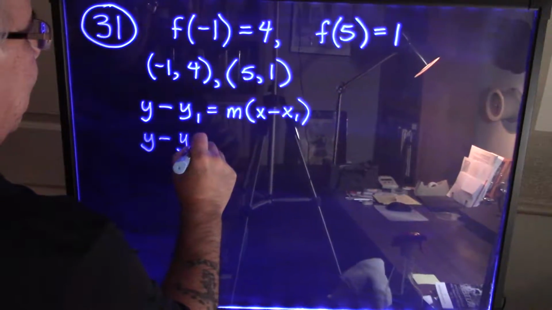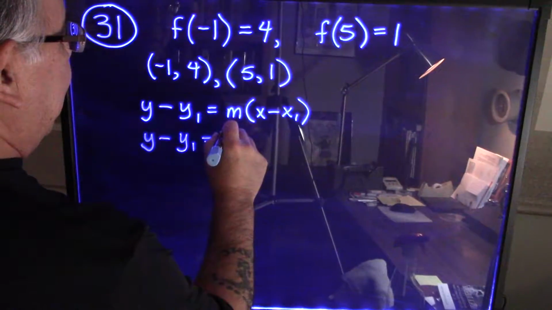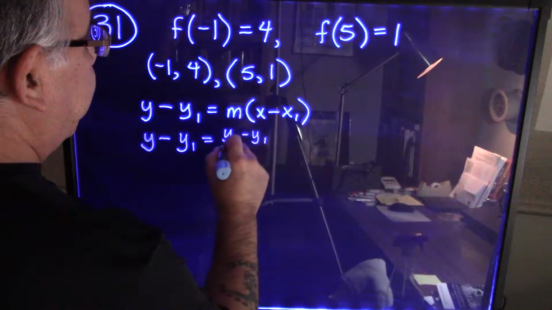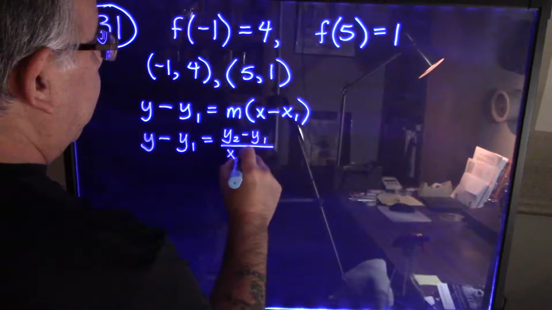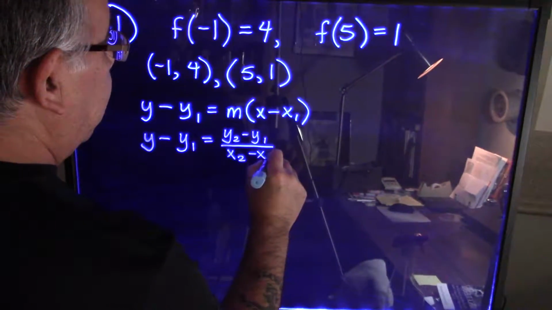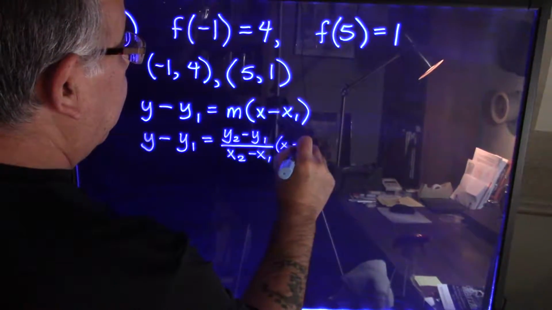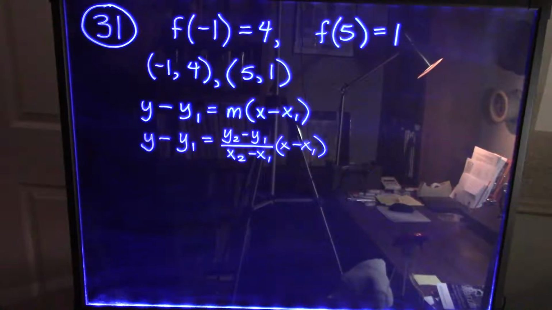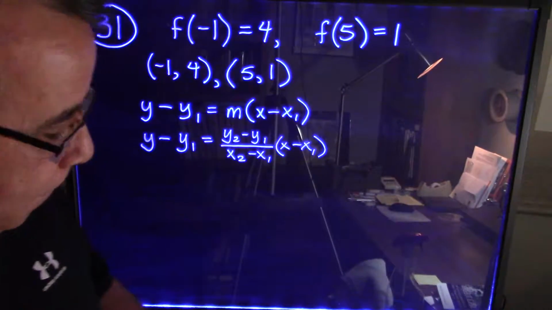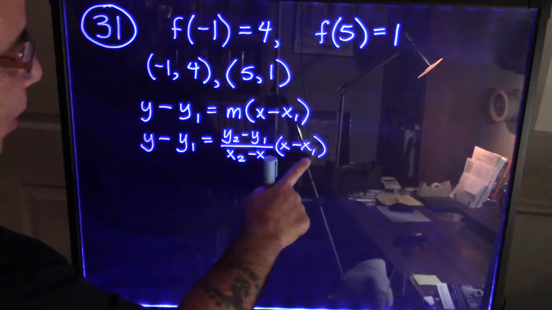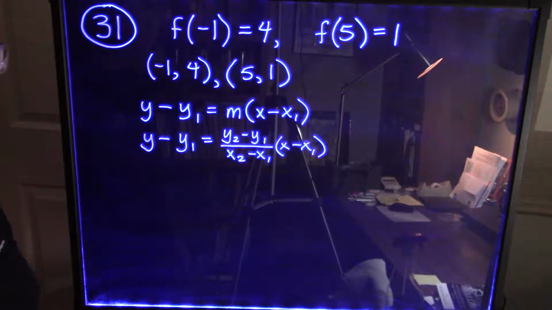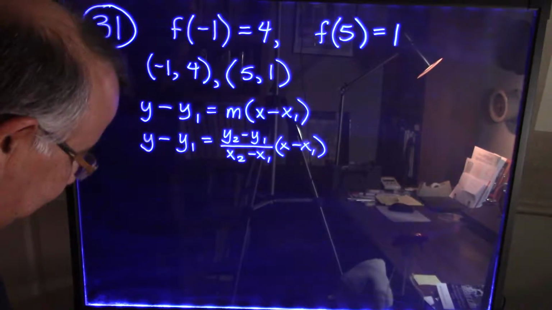You don't have to do the slope separately, just put it in the point-slope equation. I've heard this called the two-point equation. We have 2 points here, x1, y1, and x2, y2, which go into this equation. Hence the name two-point equation.